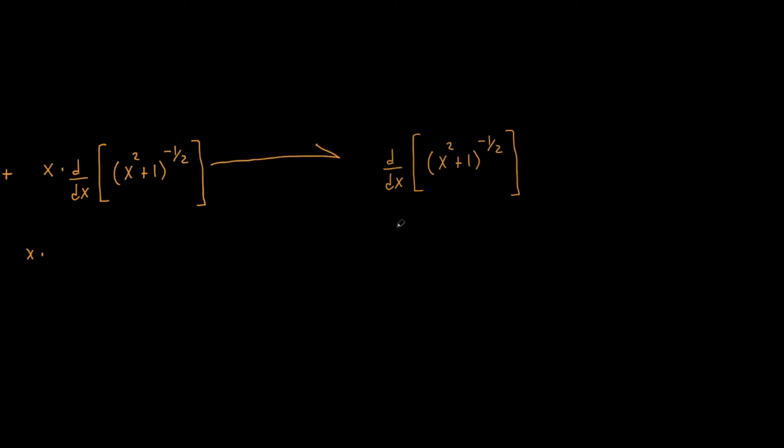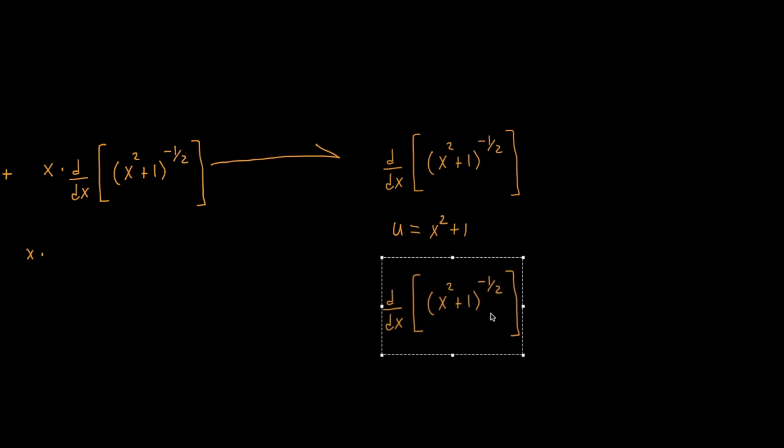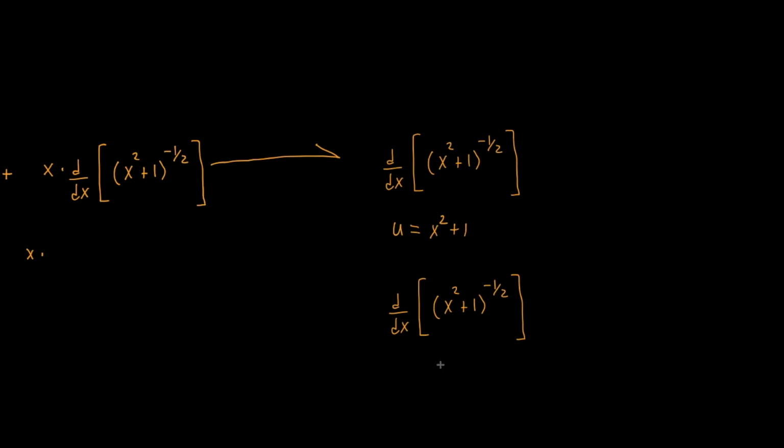So like we said, we'll use u equals x squared plus 1. And then we have the derivative with respect to x, but we'll replace x squared plus 1 with u.